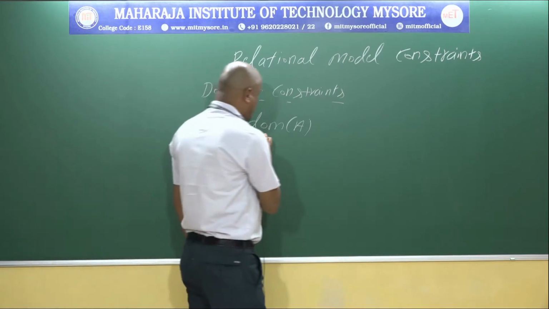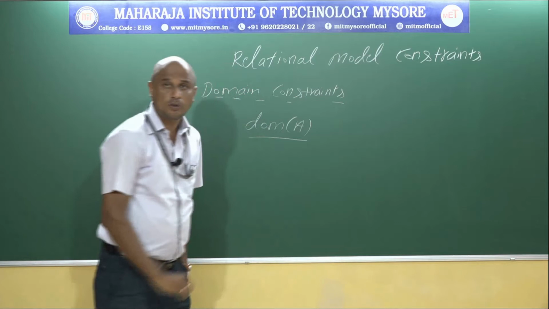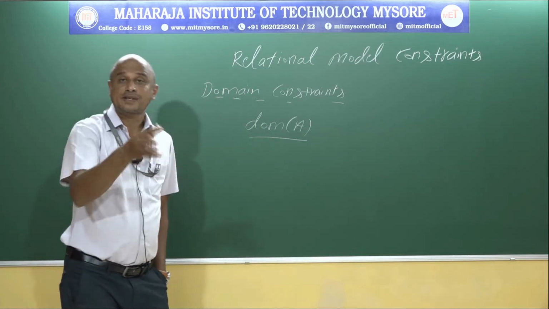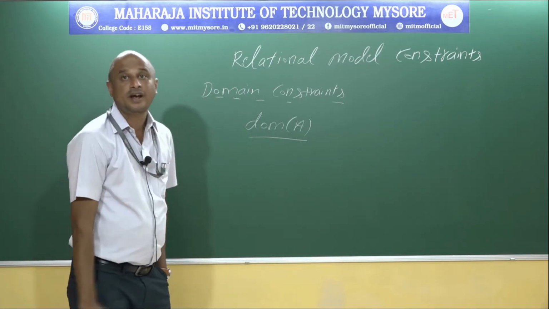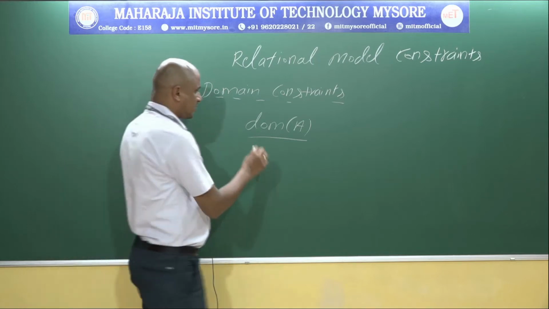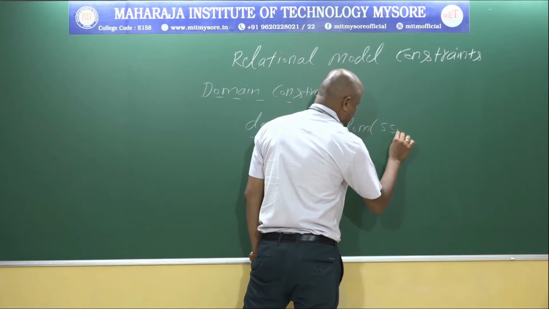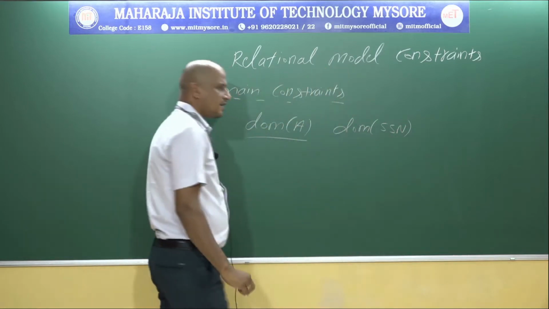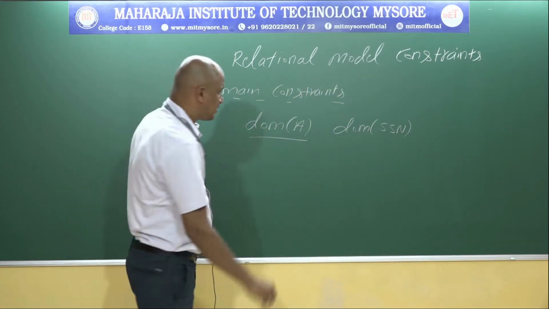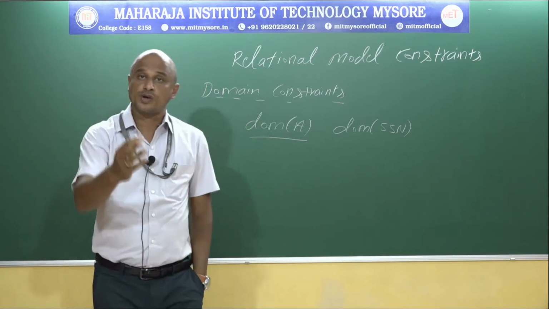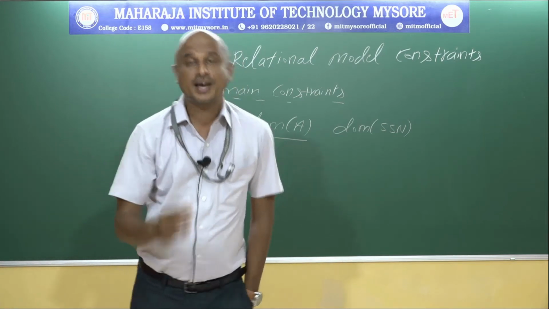So, the domain of an attribute is specified with data types. If I say domain of SSN, SSN or USN comes with the varying character data type.